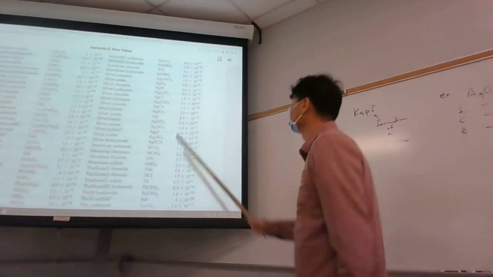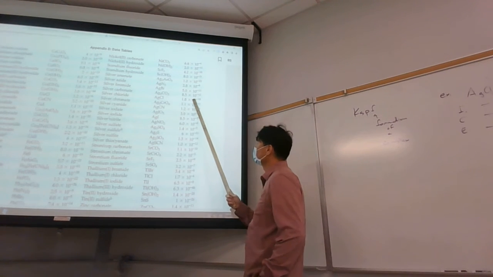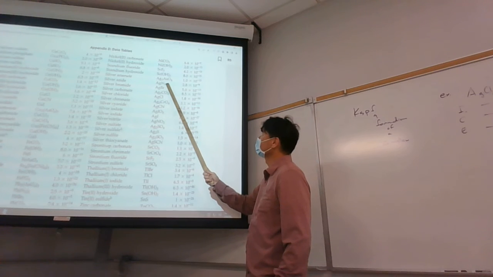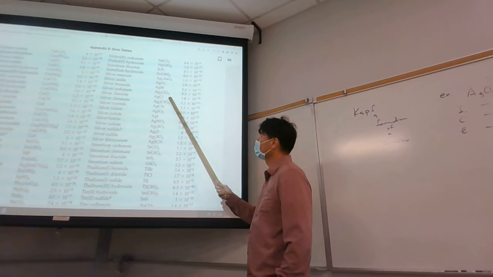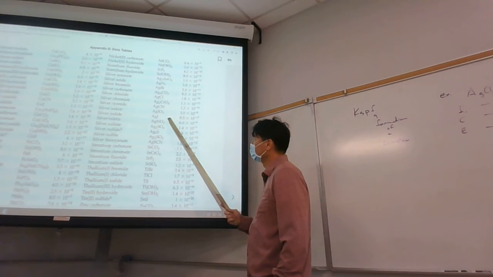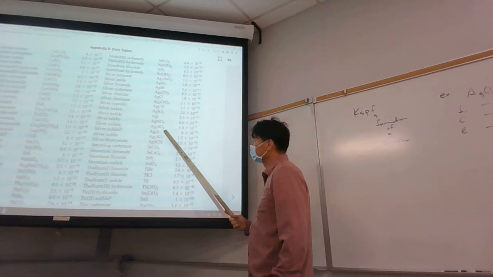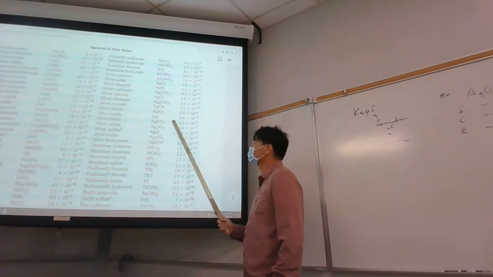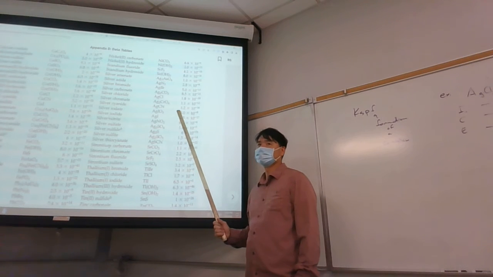You can see here. But silver ions like a whole bunch of other ions as well. For example, arsenate, azide, which is N3-, bromide, carbonate, chromate, cyanide, sulfate, sulfide. Out of all these, which one do you think silver ions like the most?